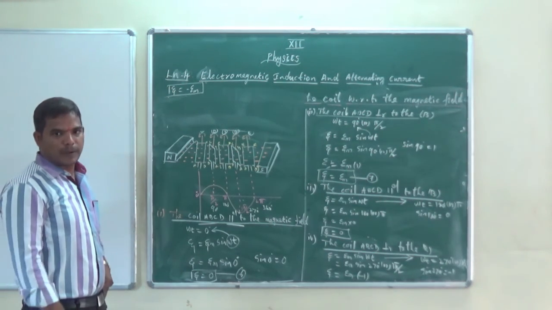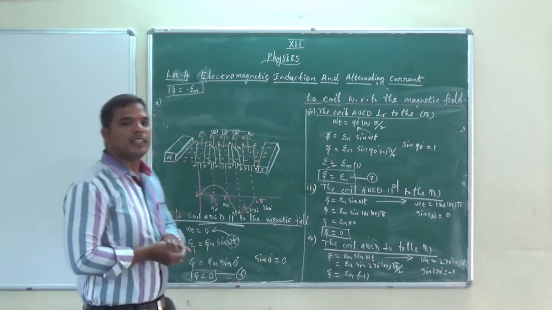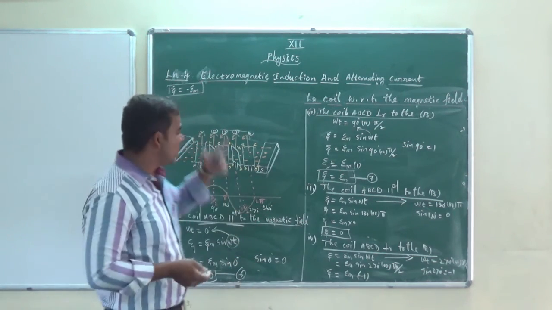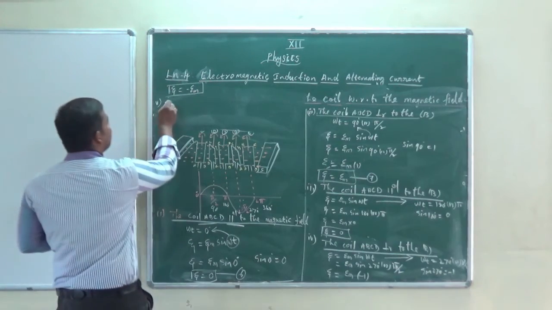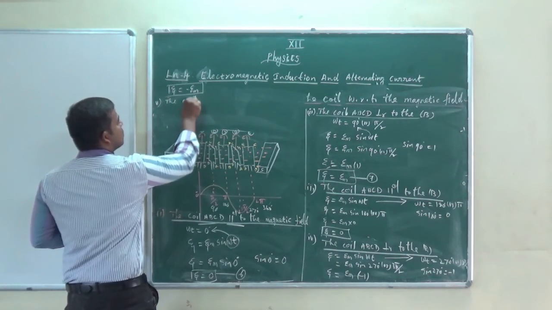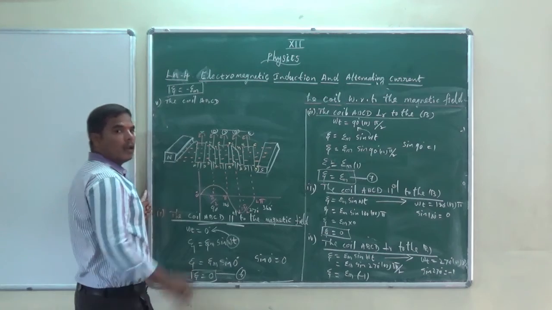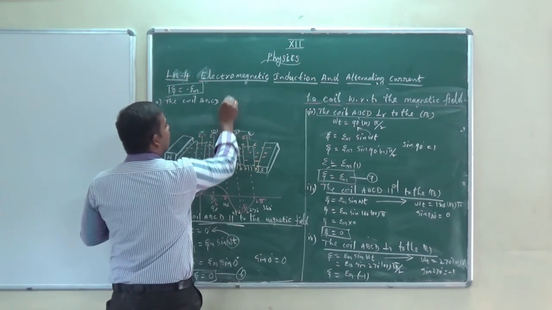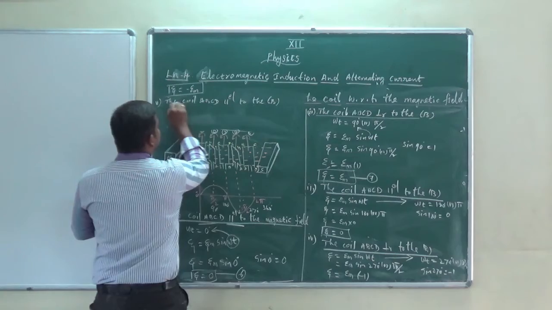Negative induced EMF. And the coil is further rotated completely to 360 degrees, rotating further in the anti-clockwise direction. That means the coil ABCD comes once again into the starting position, parallel to the magnetic field.